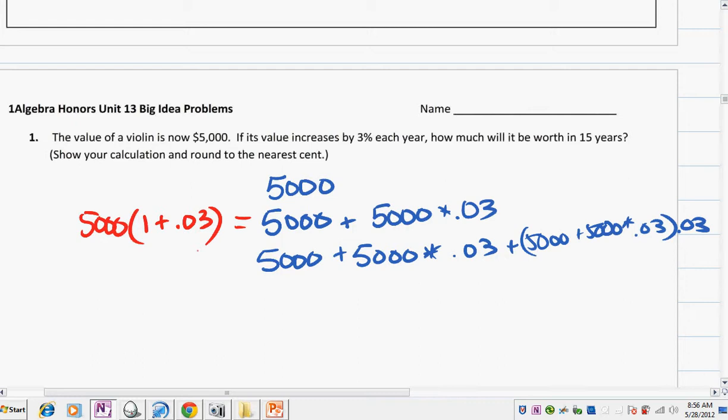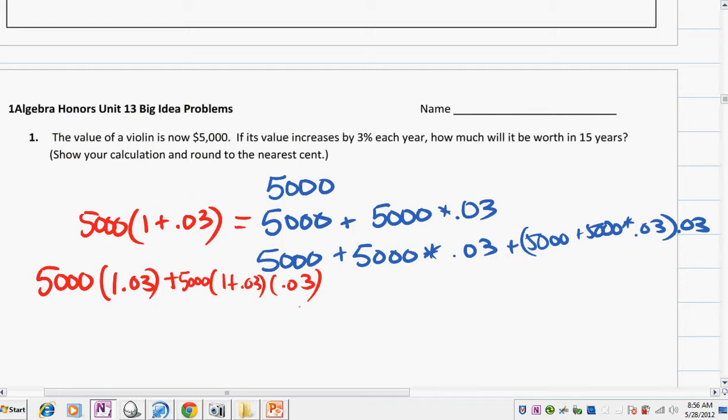This next one, if I factor it out of 5,000, I get 1 plus 0.03 plus 5,000 times 1 plus 0.03 times.